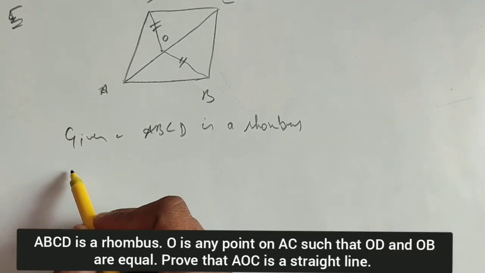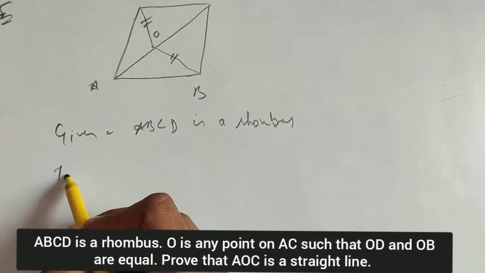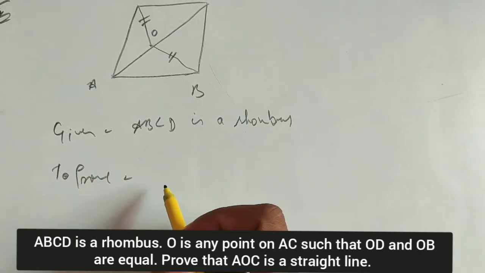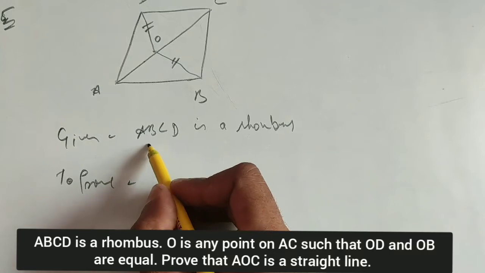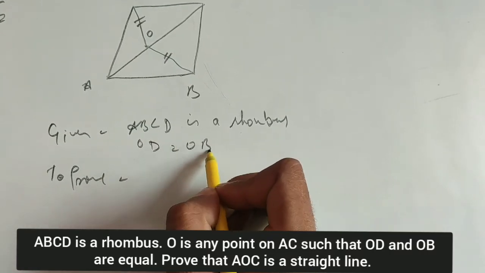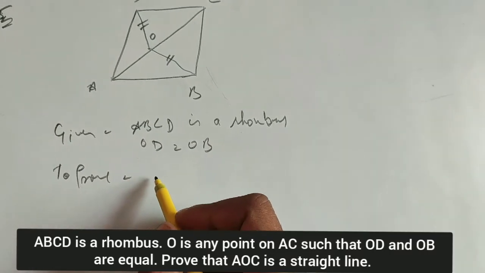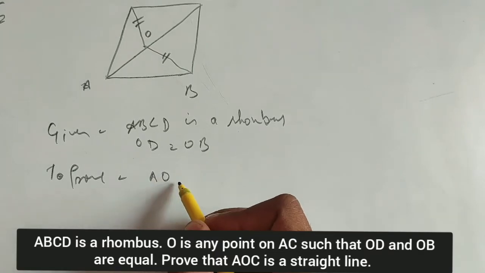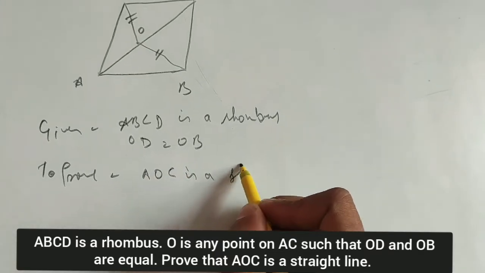ABCD is a rhombus, and it is also given that OD is equal to OB. And now we need to prove that AOC is a straight line.